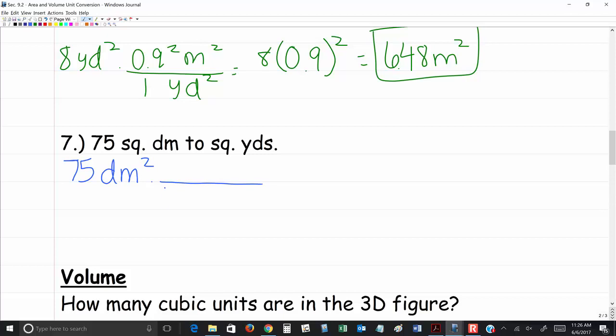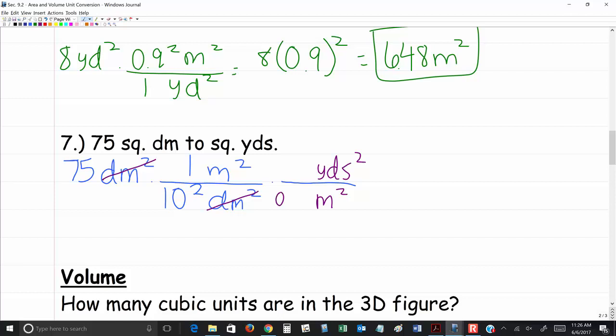So there are 10 squared decimeters squared inside of 1 meter squared. So that gets rid of squared decimeters. And then I just need to convert from squared meters to square yards, which I have the conversion factor for.